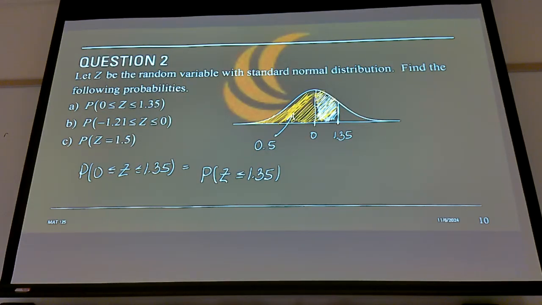You subtract 0.5 from that yellow area. So whatever that area happens to be, that represents the yellow area.